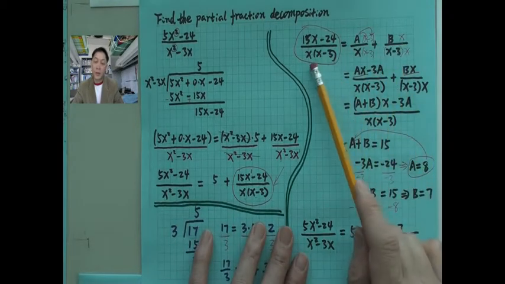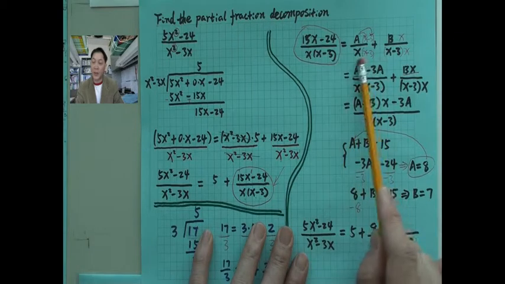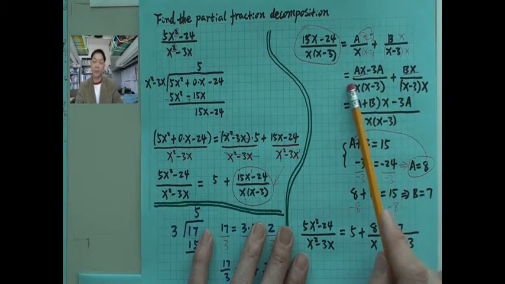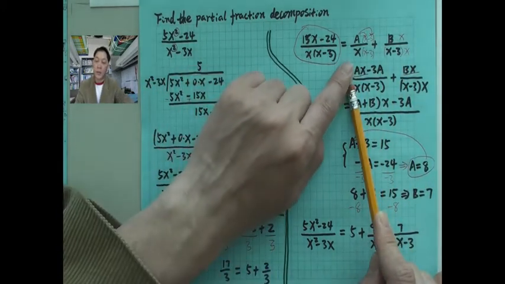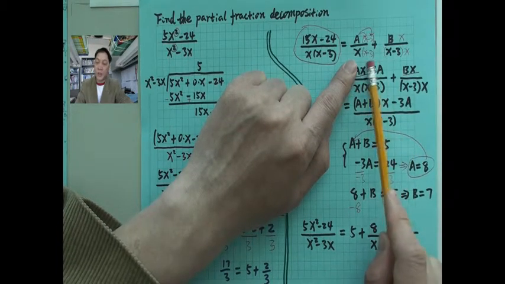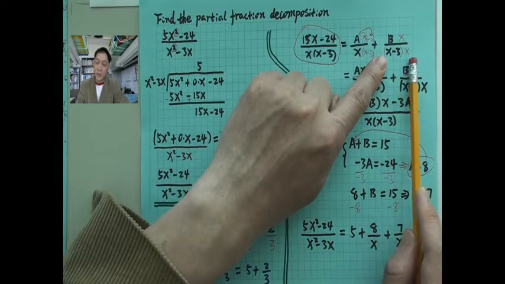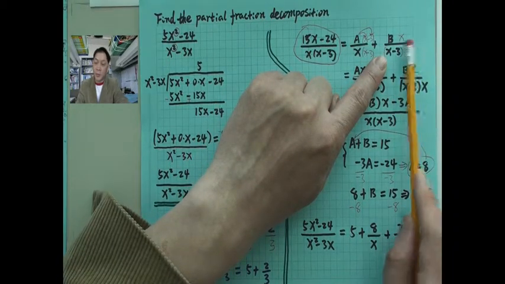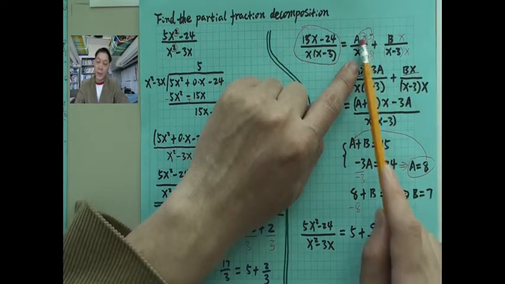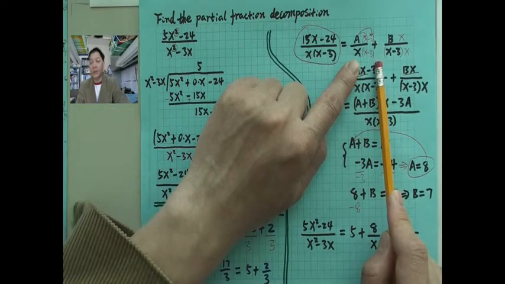So right here, we have 2 factors, x times x minus 3. We separate that, and then A and B are the constants. So in order to add those two together, the first fraction needs x minus 3 from here. The second one needs x. So for the second fraction, both numerator and denominator are multiplied by x, and for the first fraction, both numerator and denominator need to be multiplied by x minus 3.